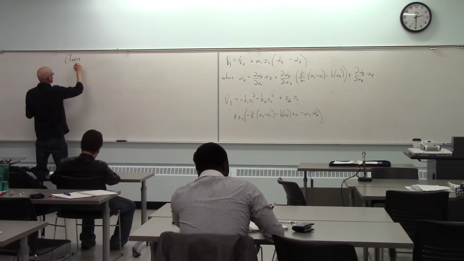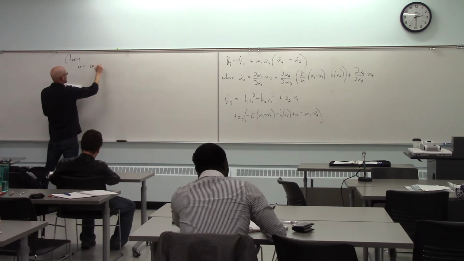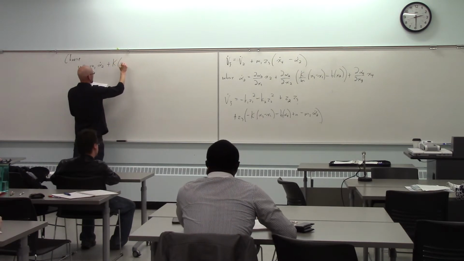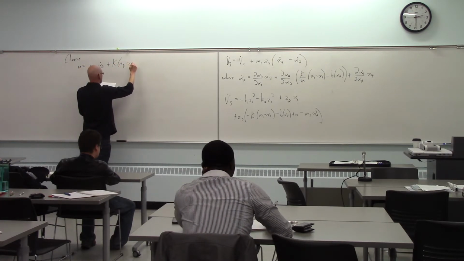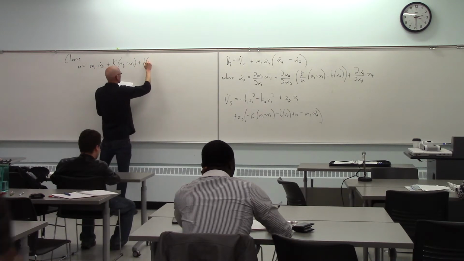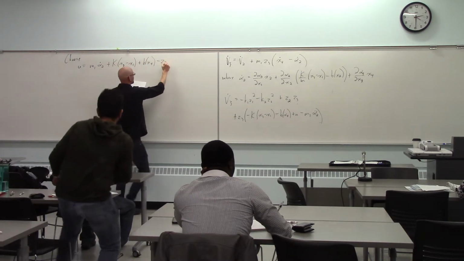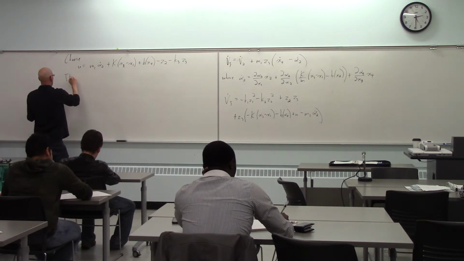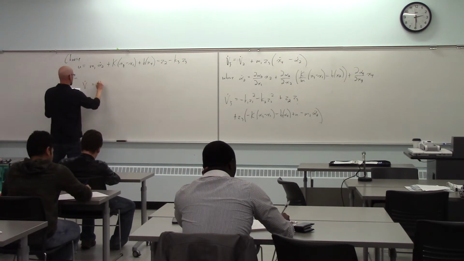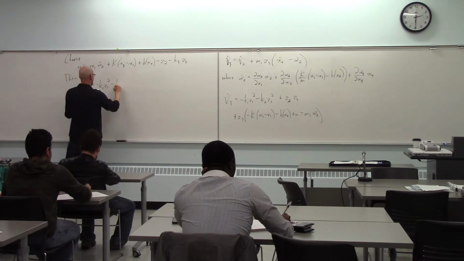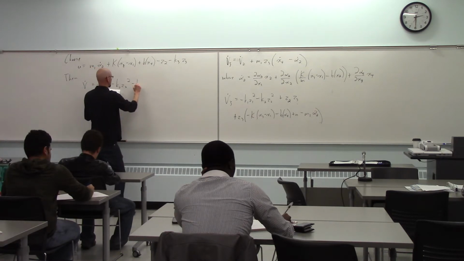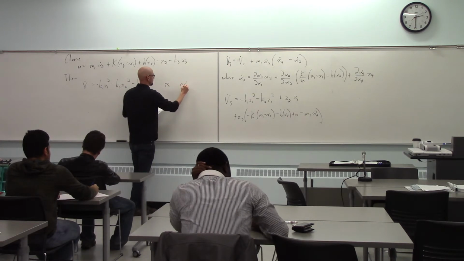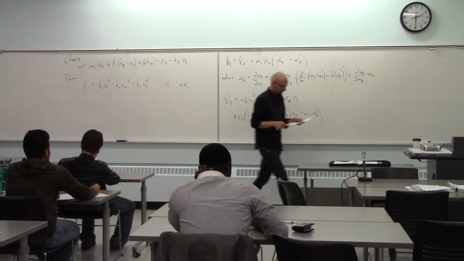So now I can choose my actual control u to be m1 alpha 2 dot plus k x3 minus x1 plus b x4 minus z2 minus k3 z3. Then v3 dot is equal to minus k1 z1 squared minus k2 z2 squared minus k3 z3 squared. This is a negative definite Lyapunov derivative.